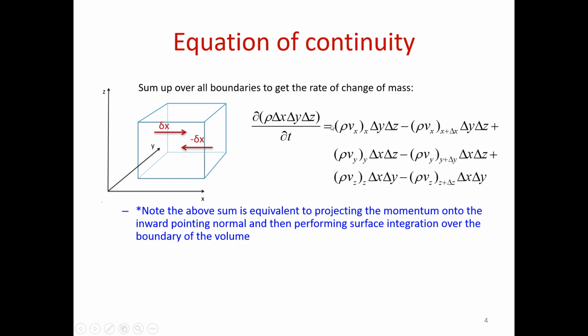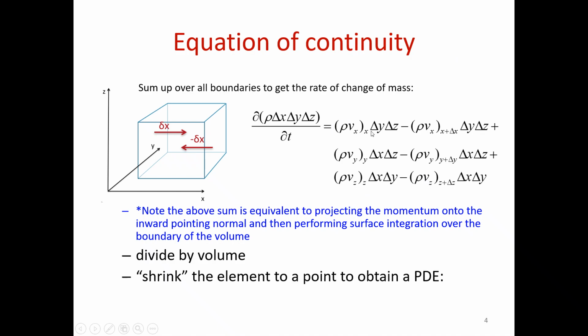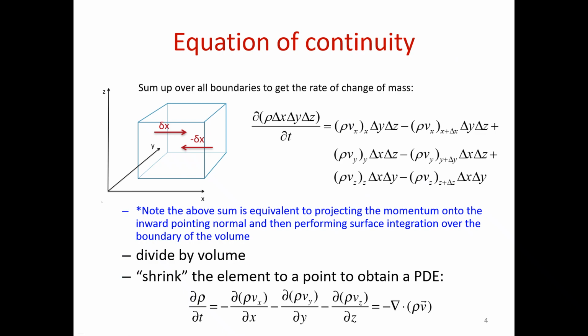So basically, as my delta x, delta y, delta z shrink to 0, I will get negative d/dx of rho vx, negative d/dy of rho vy, and negative d/dz of rho vz.